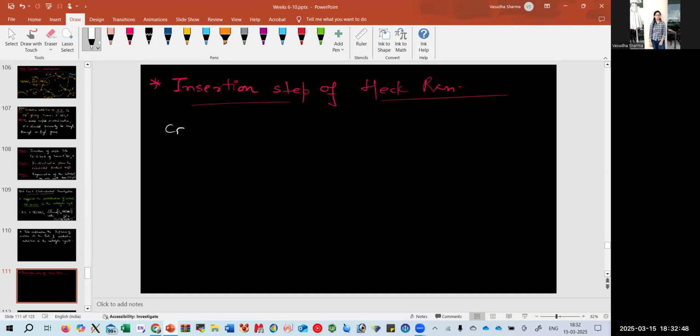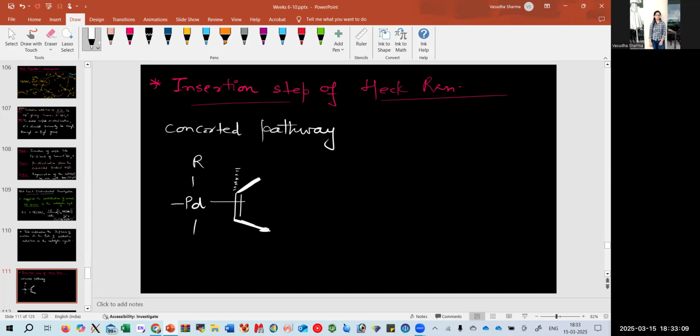So this happens in a concerted pathway. So we have a palladium, say R and two other coordination, and we have an alkene. Bonds are out of the plane. Now, what would start happening?